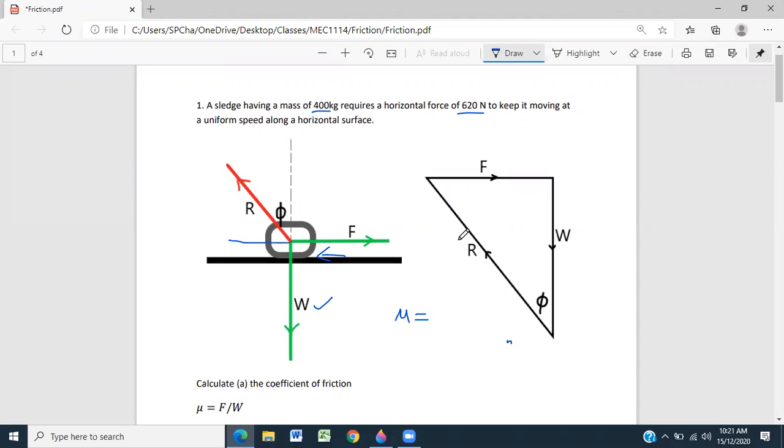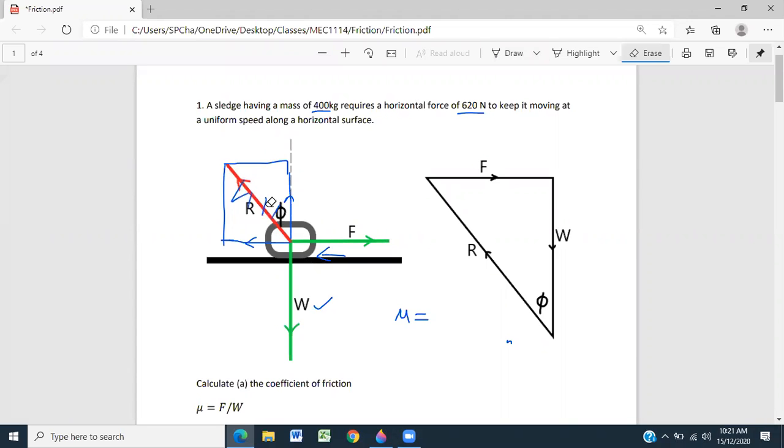And so the frictional force would be this way, and the normal would be here. Because the weight is this way, the normal would be here, creating this resultant here.